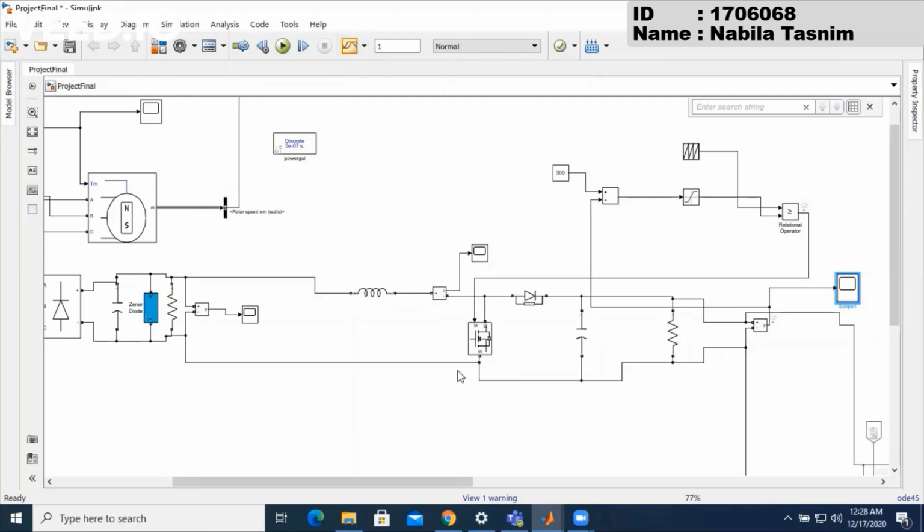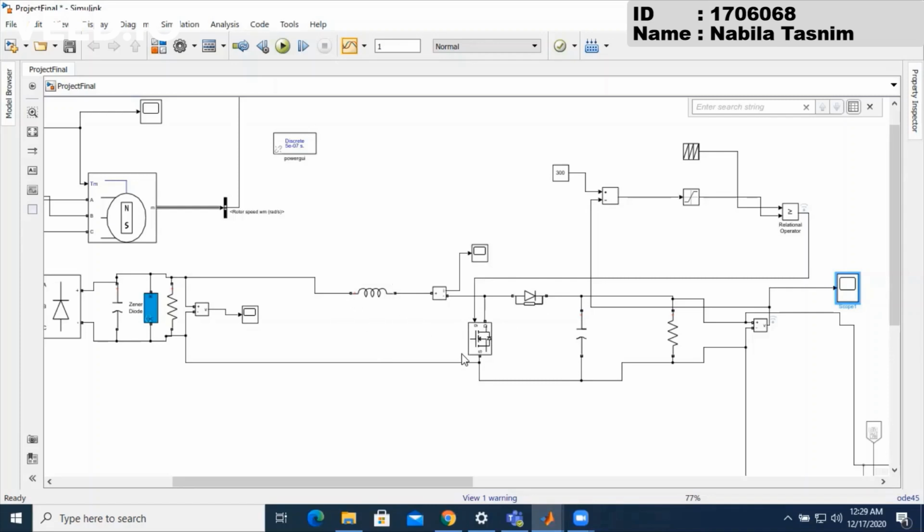Here, the MOSFET is operating as a switch. At first, it is off. Then the current is passing through the diode and the capacitor is being charged. When the voltage of the capacitor is almost equal to the source voltage, then the diode gets reverse biased and the switch is closed. Then the current flows through this circuit and magnetization is created in the inductor.